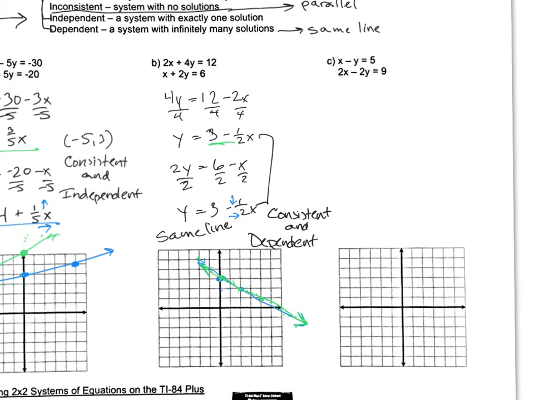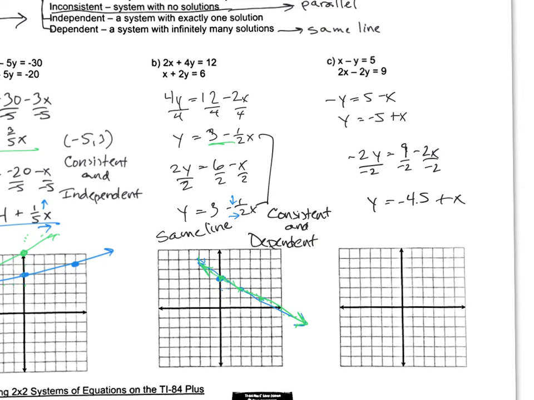Now, for this last one, we'll solve for y. Changing all the signs, we get y equals -5 plus x. Second line is -2y equals 9 minus 2x, and divide everything by -2. So we get y equals -4.5 plus x; I'm going to use -4.5 because it's a little easier to graph.